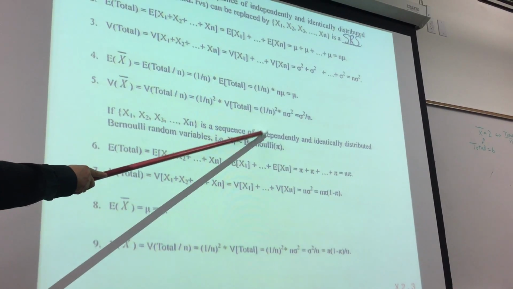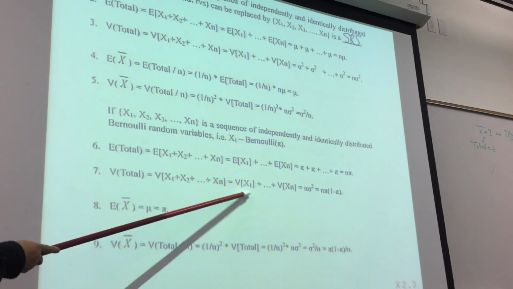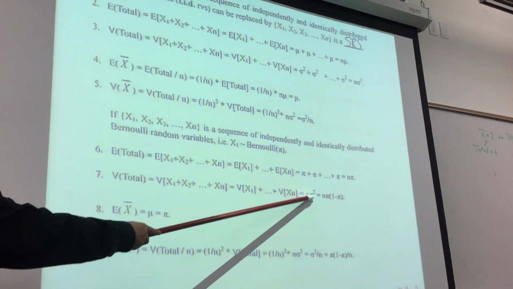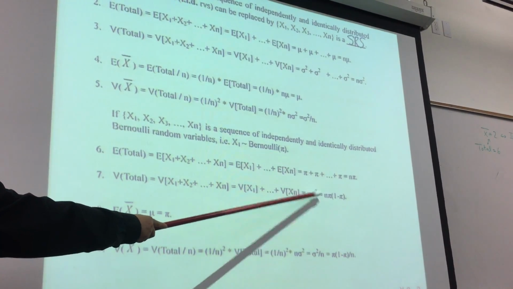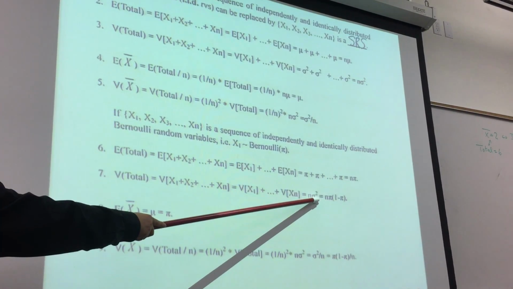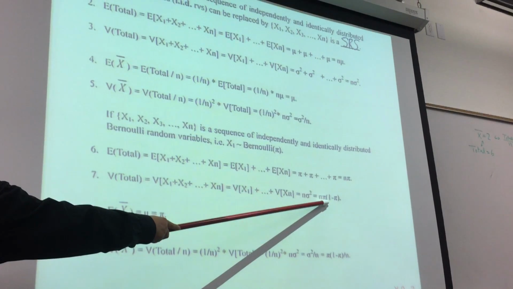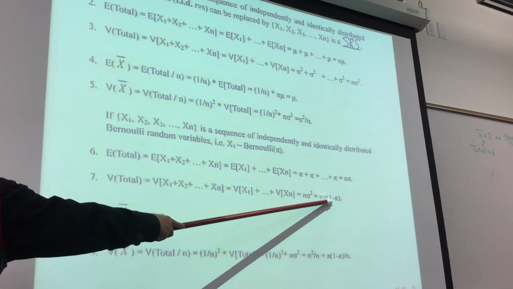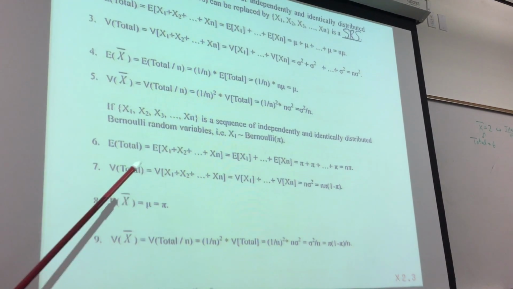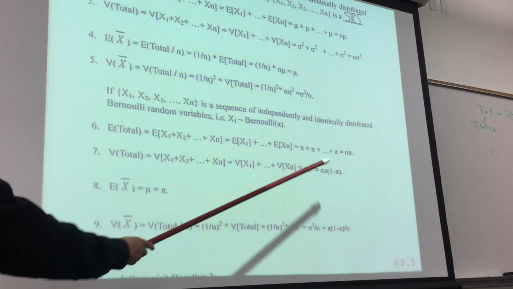But we have that independent assumption here. So we can go ahead and do it. Each one is what? Sigma squared. So it's n sigma squared. But remember, what is the variance of a Bernoulli random variable? Variance of a Bernoulli random variable is a product of two probabilities. One for success, pi, and one for failure, 1 minus pi. So variance of sample total is n times pi times 1 minus pi.